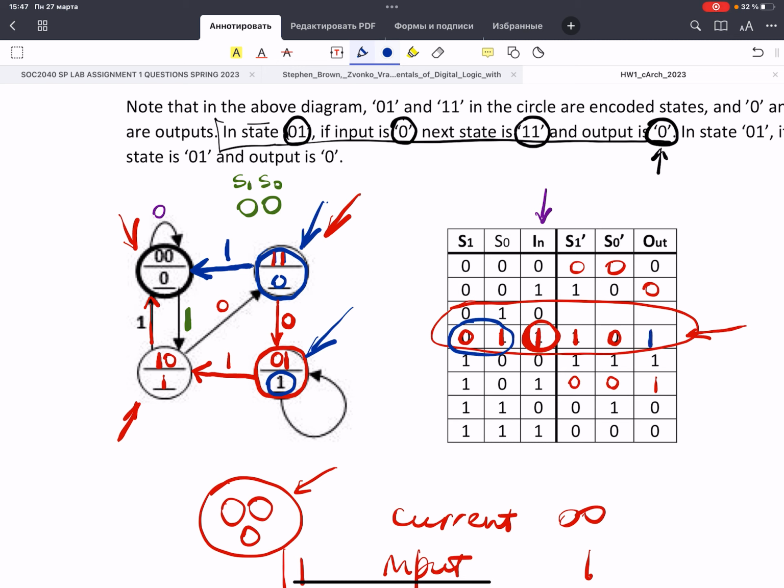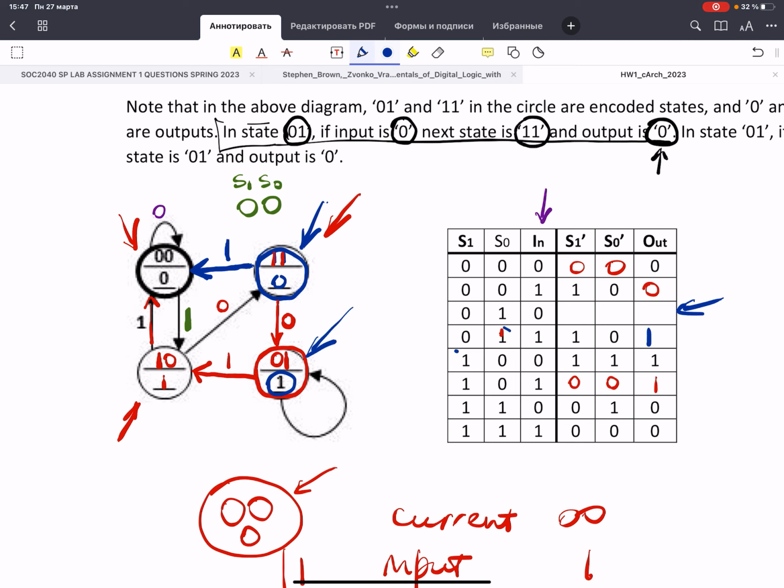Okay, so now let me delete this one, and let me write 1 here. Now let's concentrate on this row. We now know what happens if input 1 is given to the 0 1 state.